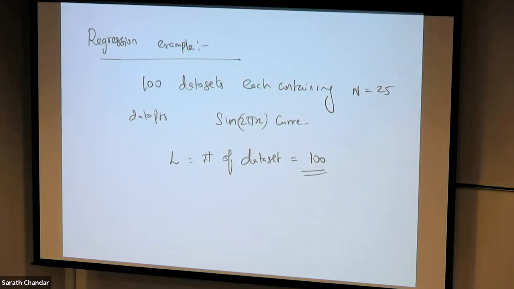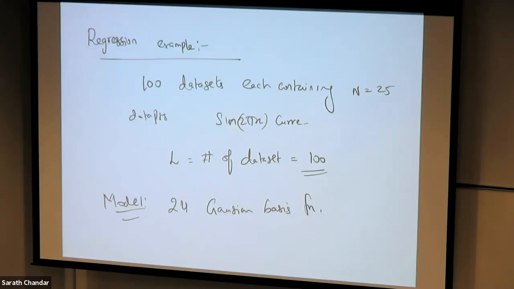The model I'm going to use is a Gaussian basis function regression model. We have seen Gaussian basis functions before. In this case, I'm going to use 24 Gaussian basis functions as my regression model.